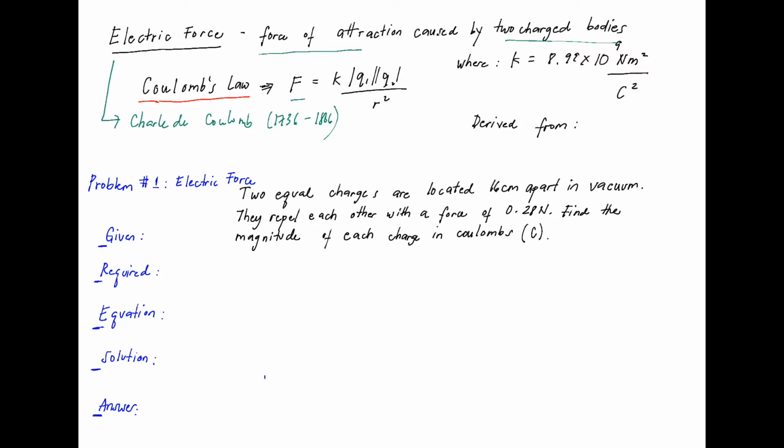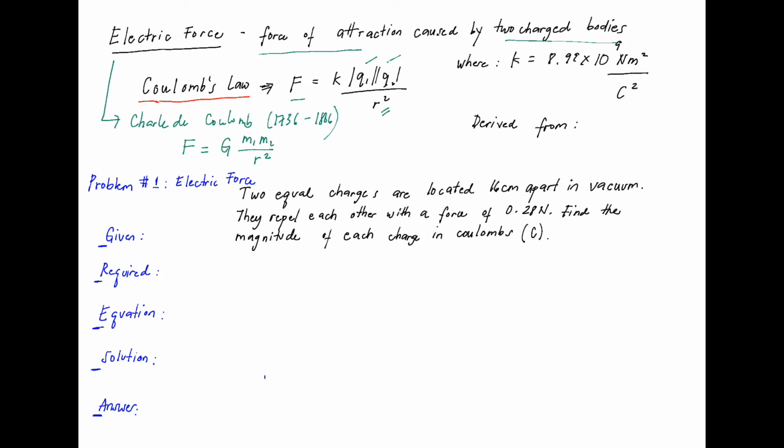We have here the force is inversely proportional to the square of the distance or the radius and directly proportional to the charges. Remember that Newton's law of gravitation is written as force equals G multiplied to mass 1 times mass 2 over r square.